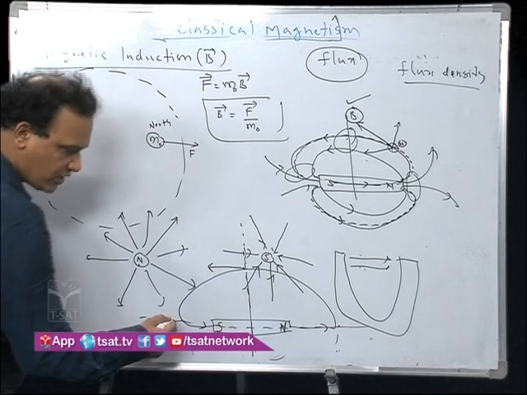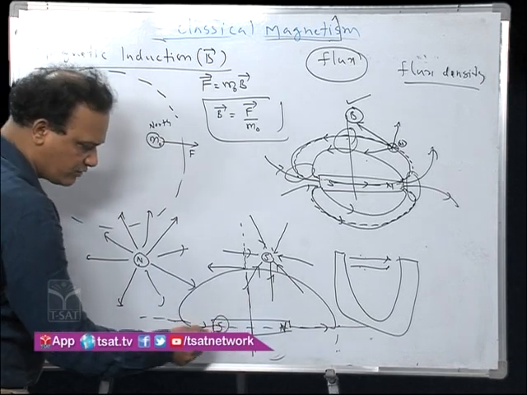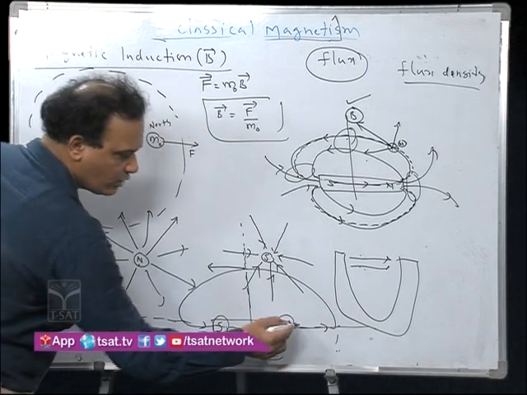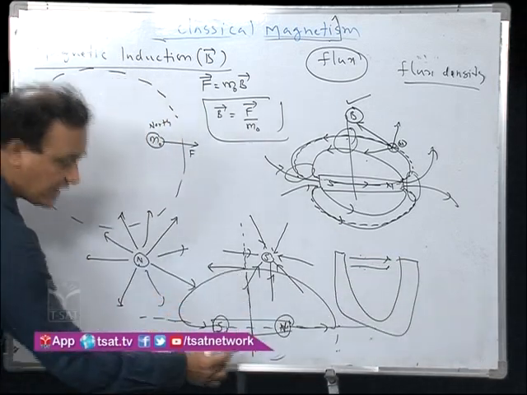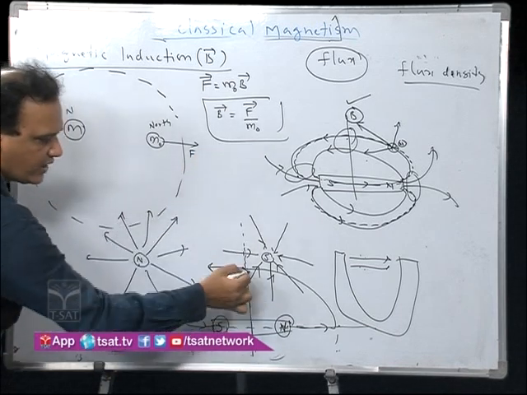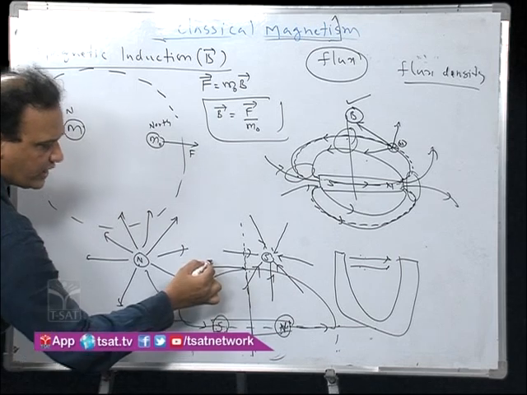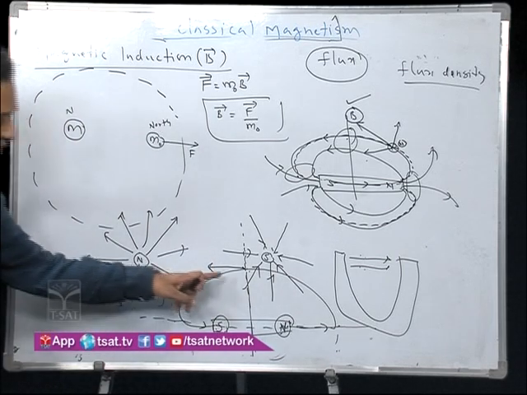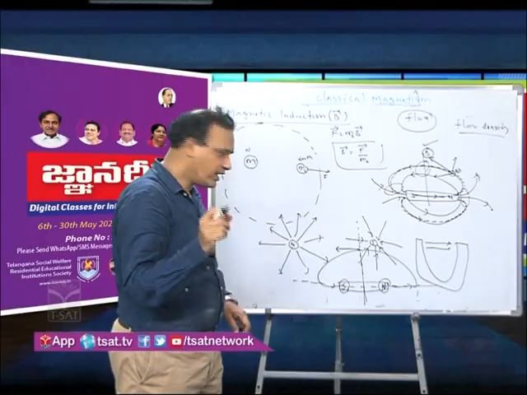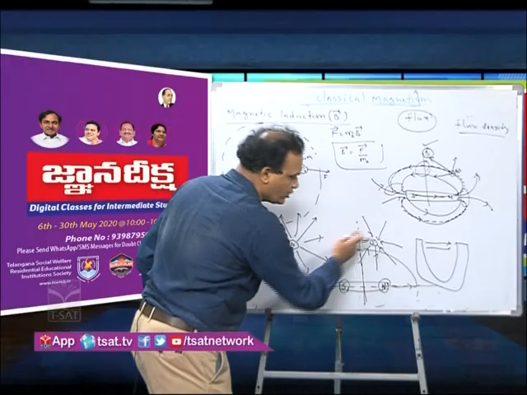The direction of the magnetic field at a point on the axial line is south to north. The direction of the magnetic field at a point on the equatorial line is north to south. These two directions are very important to solve any problem on magnetic field due to a bar magnet.